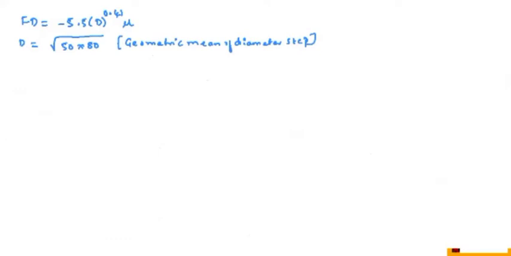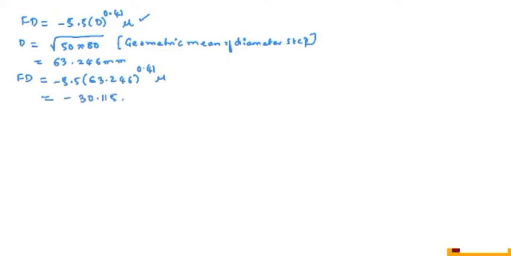If you find the geometric mean, you will get capital D as 63.246 mm. Once you find capital D, you can find the fundamental deviation as per the given data. So it is equal to minus 5.5 into 63.246 whole power 0.41 microns. You will get this value as minus 30.115 microns.